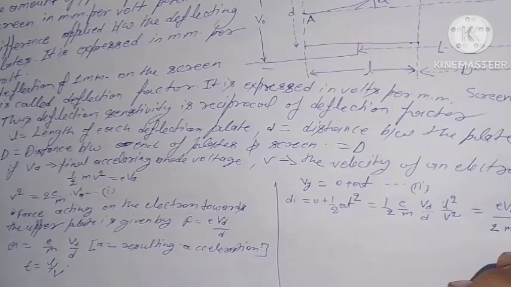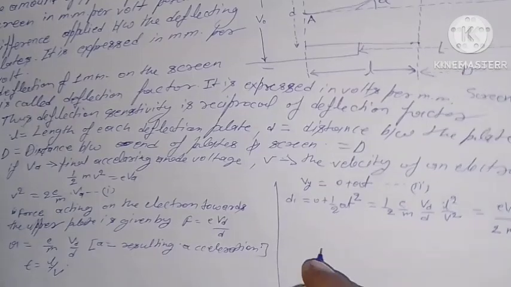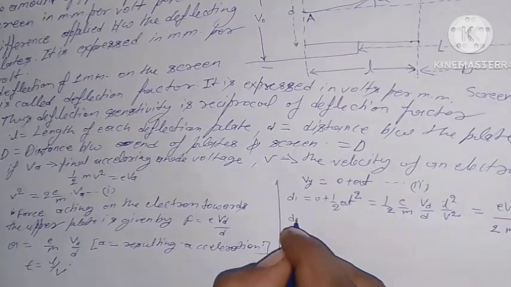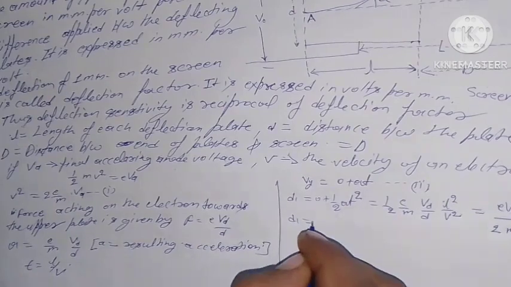This is equation number 3, where d1 is the upward displacement.